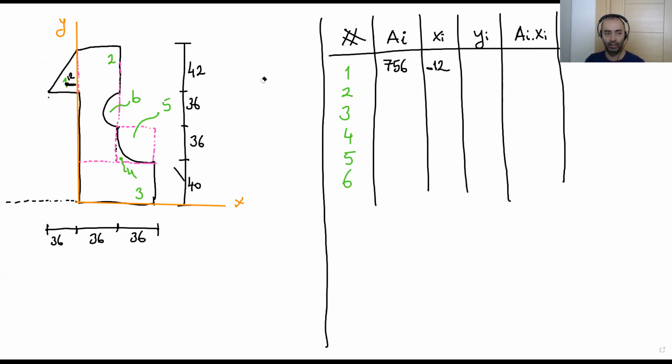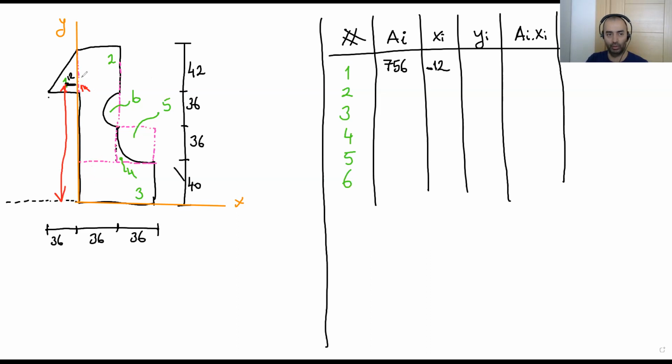Okay, 12. Let's write yi. What is it? So yi for this member is this distance. This part is totally 42. Let me calculate it: 42 over 3 is 14 millimeter.